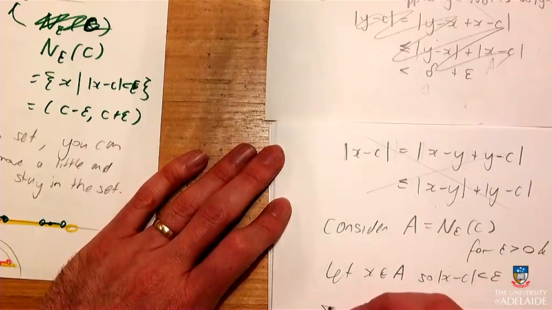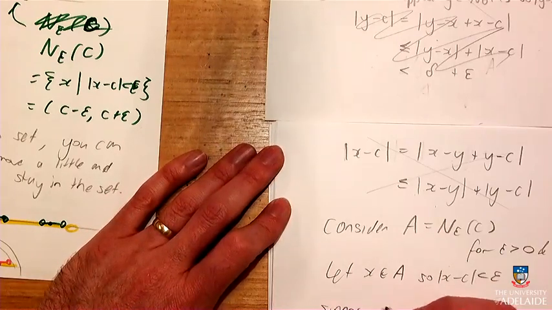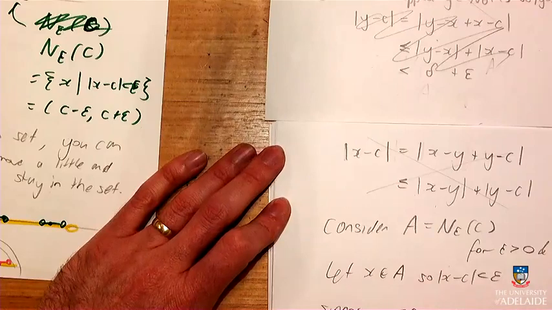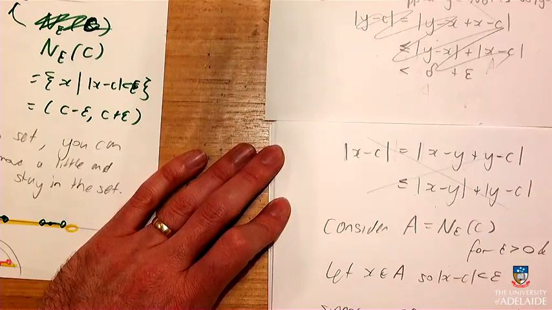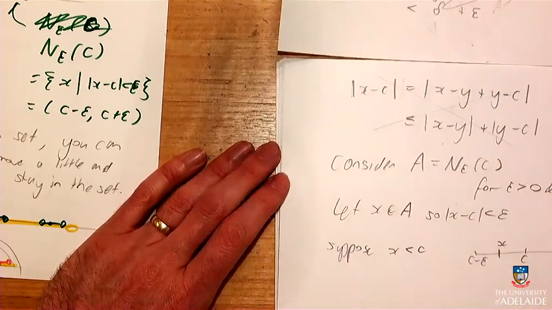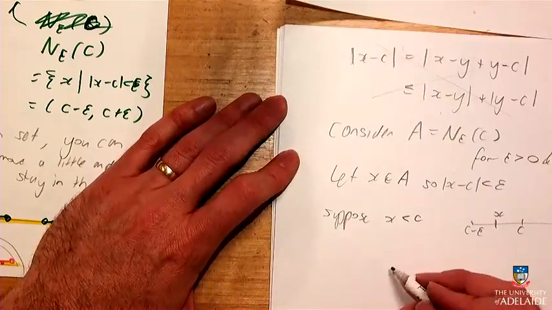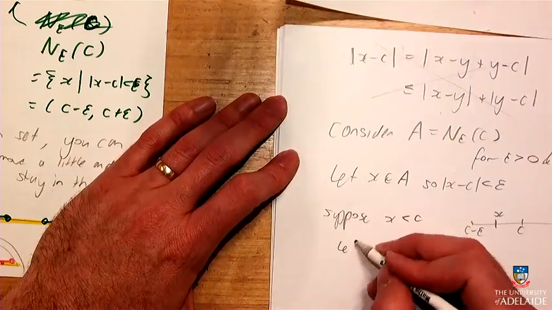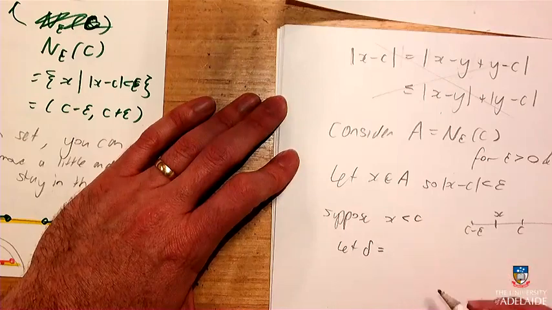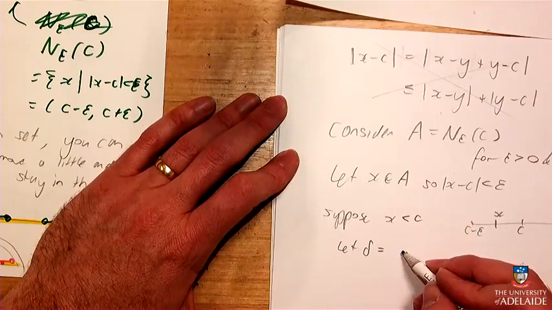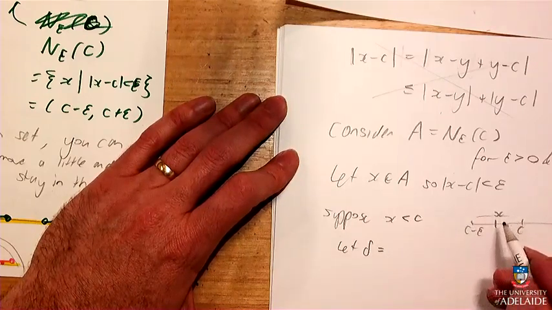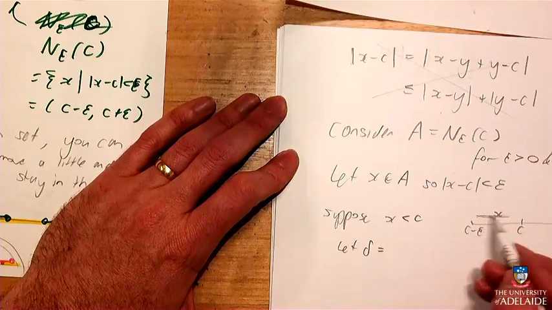So suppose X is less than C. So the X is in here. And then let delta be this distance, like from here, so that we can fit our thing in.